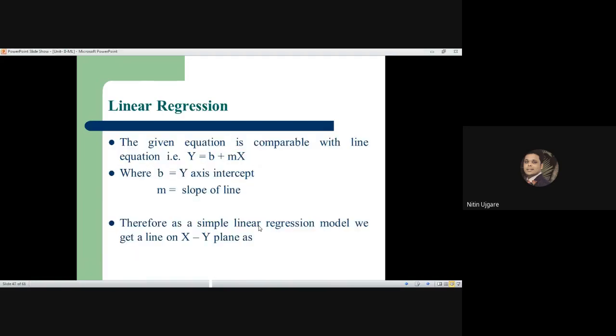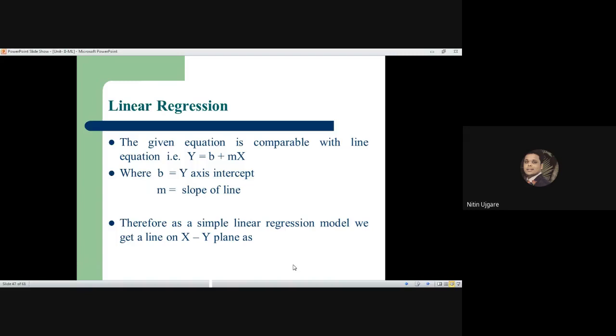We can compare this equation of the linear regression line with the line equation. We know the equation of a line is y is equal to b plus mx. Here b is the intercept on the y-axis, and m is the slope of the line. We know that x is input and y is what we get as output.